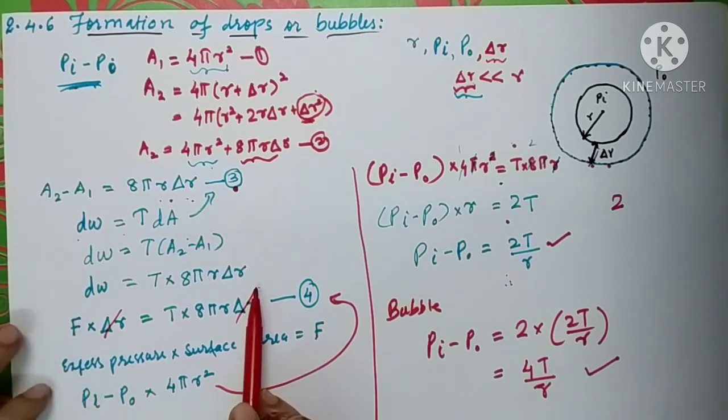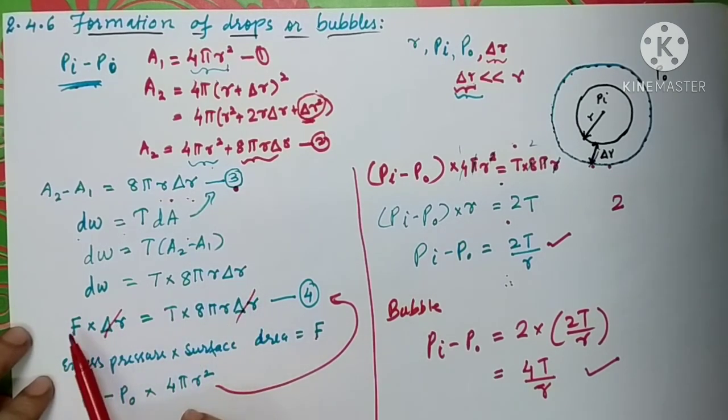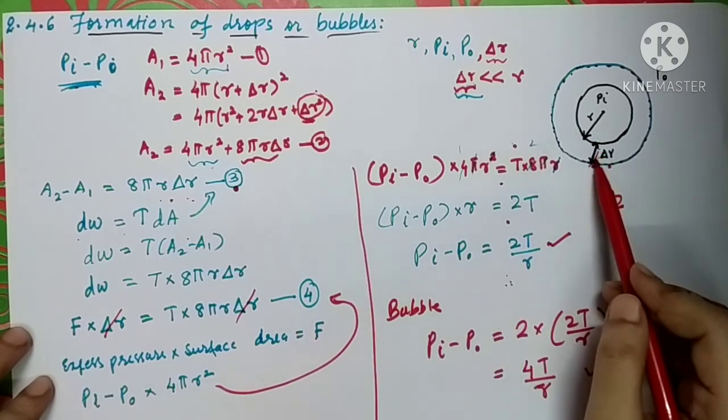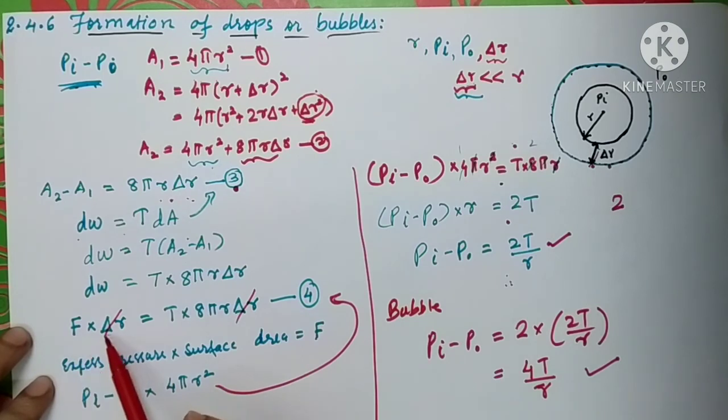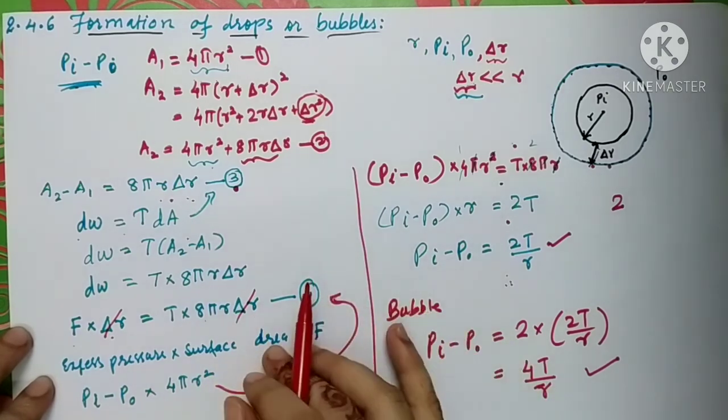But we all know that work done is nothing but force into displacement. By this much amount of displacement is done, delta r. So force into delta r is a replacement of dW. So F into delta r is equal to T into 8 pi r delta r. Then delta r is going to get cancelled.